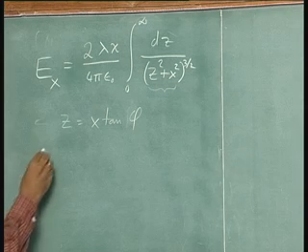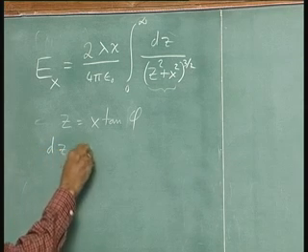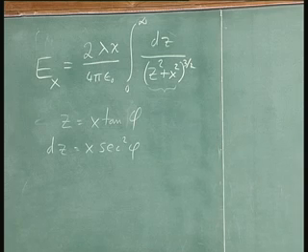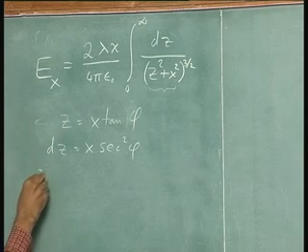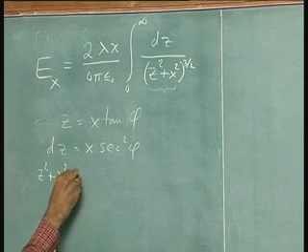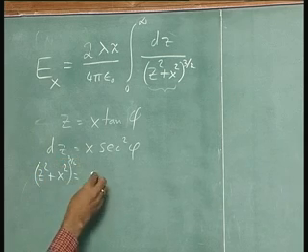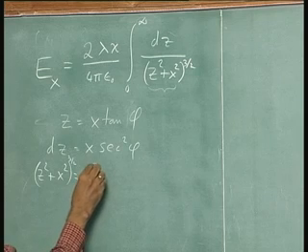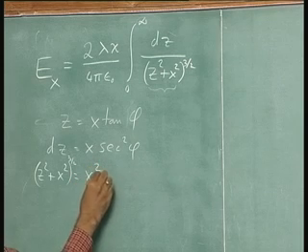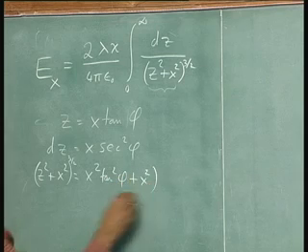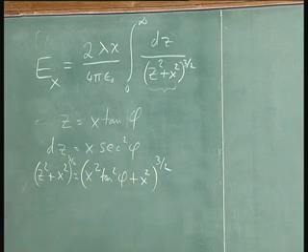Then dz becomes x secant squared phi, and the denominator z squared plus x squared to the power of 3/2 is equal to x squared tan squared phi plus x squared to the power of 3/2.